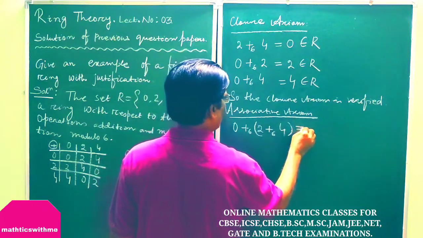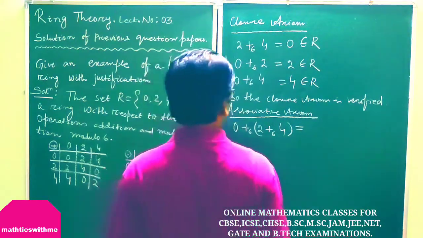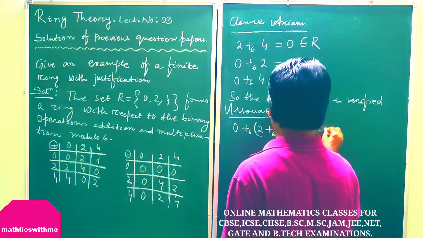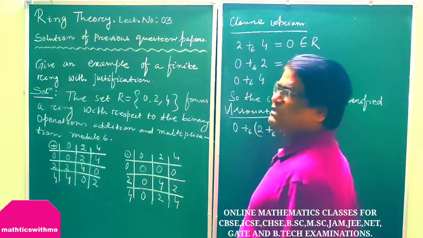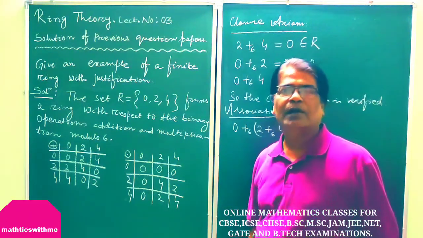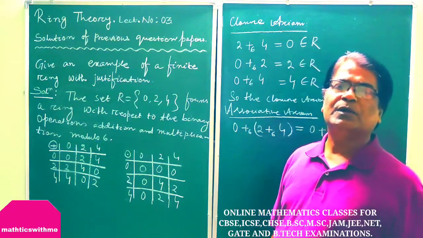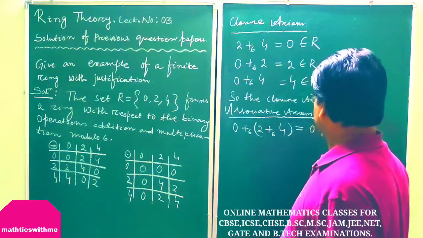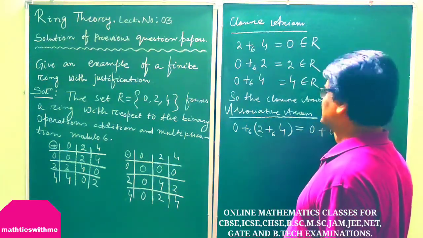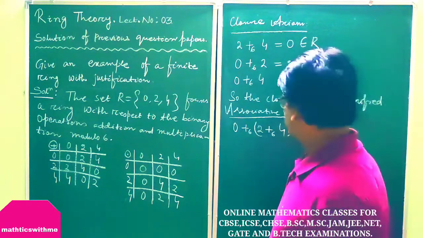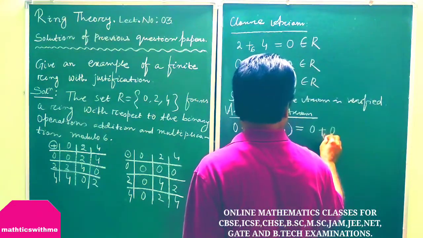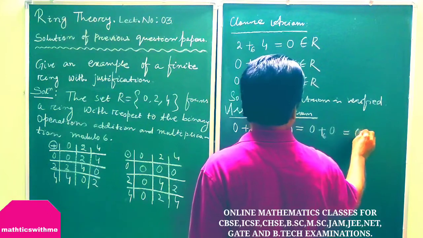This is equal to 0 plus 0, because 2 plus 4 under addition modulo 6 is 0, 6 minus 6 is 0, which is equal to 0.